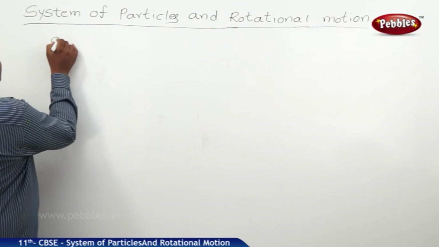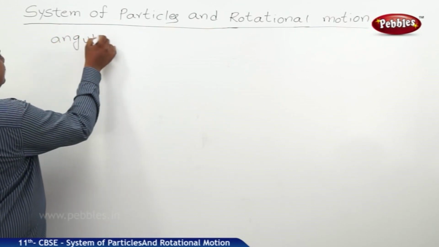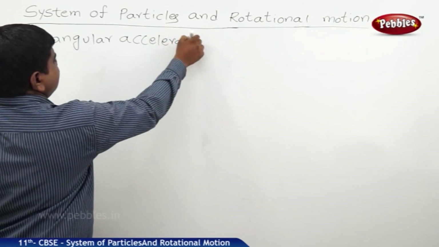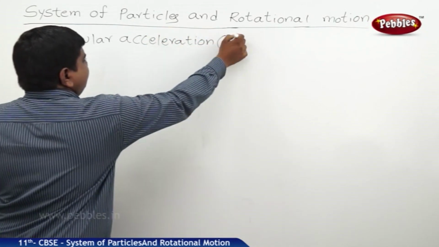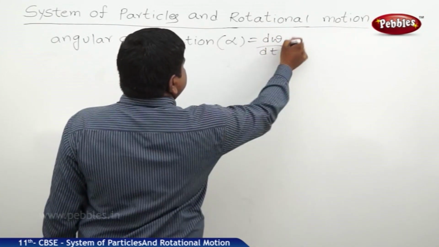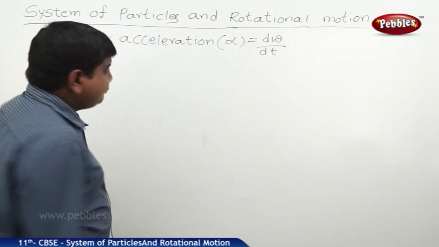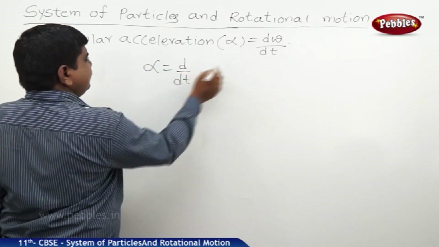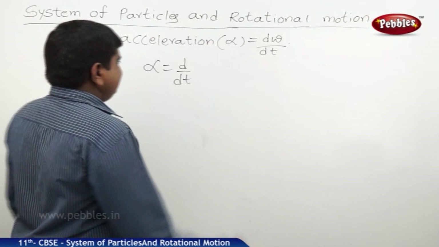So, angular acceleration is defined as alpha is equal to d omega by dt. So, alpha is equal to d by dt of omega, which can be written as d theta by dt.